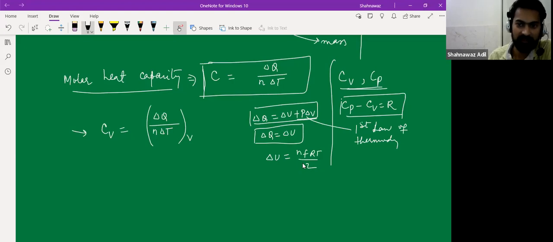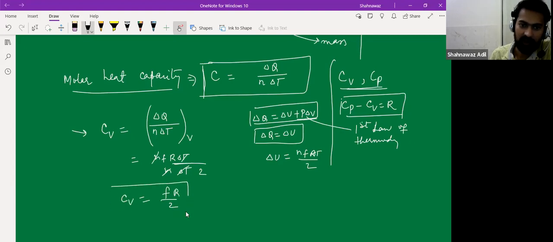Am I correct? Yes, sir. So dU will be n f R delta T by 2, divided by n delta T. The n cancels, and you will have fR by 2. Right, guys? Yes, sir.